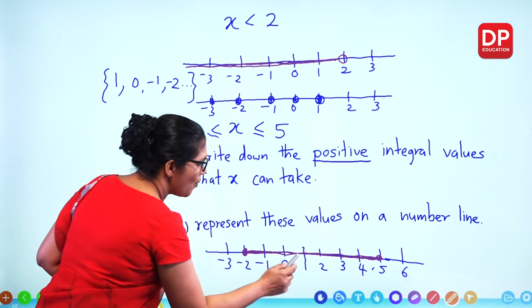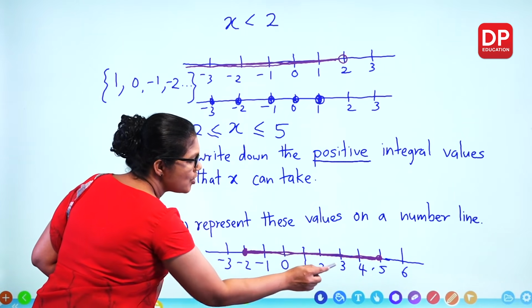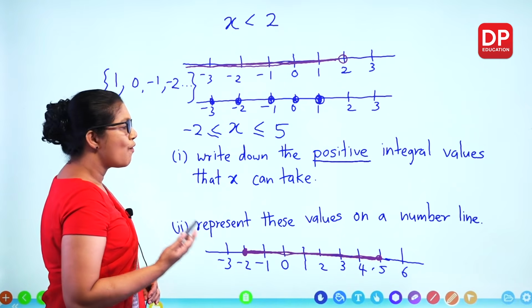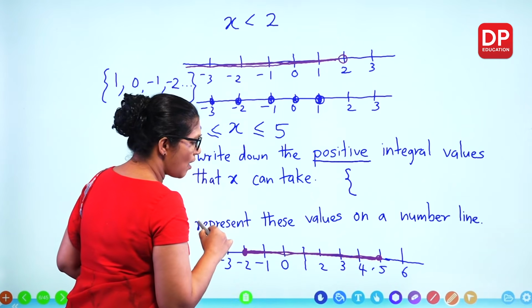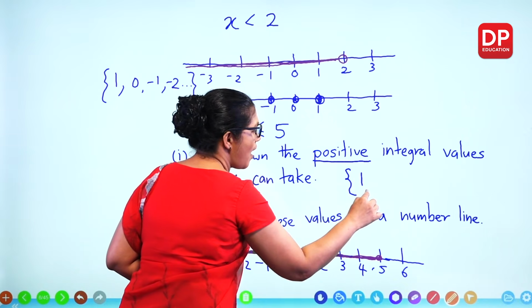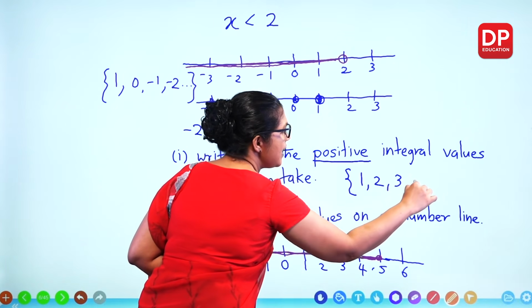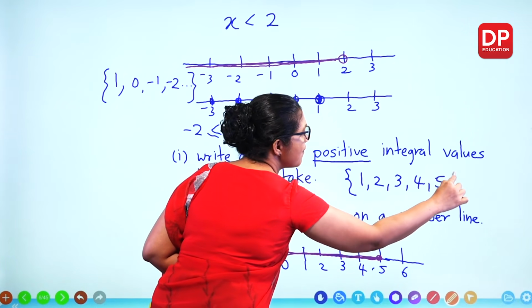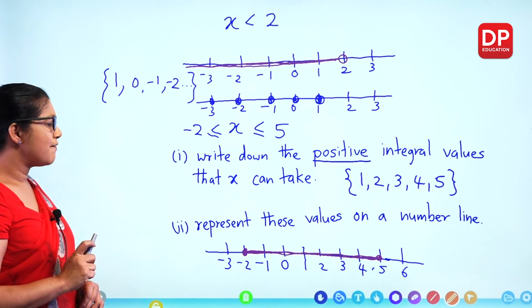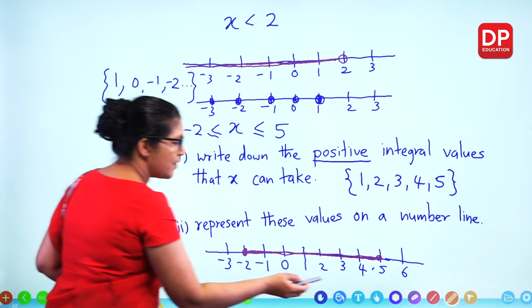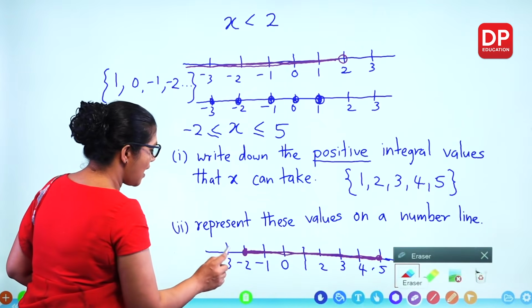We can write only 1, 2, 3, 4, 5. So here if I write the set of numbers, I can write 1, 2, 3, 4, 5. If I want to represent only the positive numbers, I have to erase this one and write down.